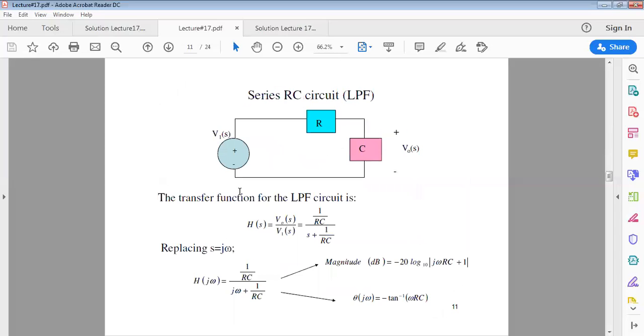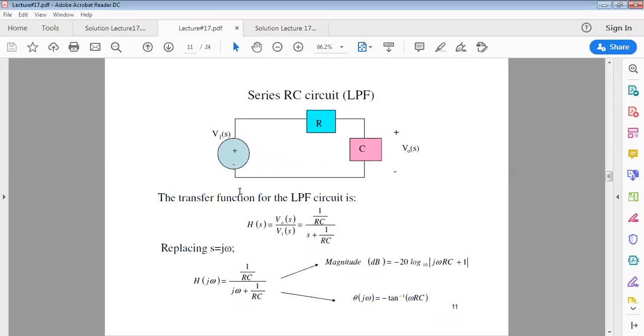Okay, we proceed with the second type of the low pass filter, which is the RC circuit. So if you can recall from the block diagram of the previous type of the low pass filter, where we have the RL circuit, the low pass filter is obtained when the output voltage is measured across the resistor.